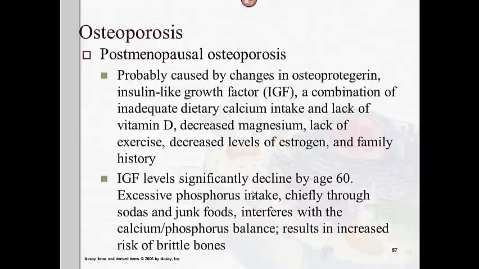It could also be caused by insulin-like growth factor, patients that have diabetes, lack of vitamin D, decreased magnesium, lack of exercise, family history, as already explained. Excessive phosphorus levels, sodas, junk foods, interfere with the calcium and phosphorus balance, increasing brittle bones.